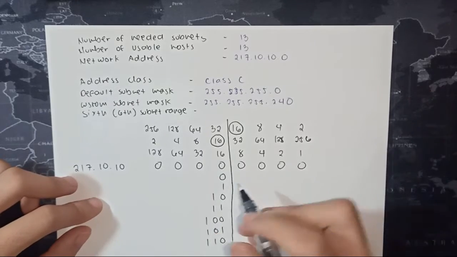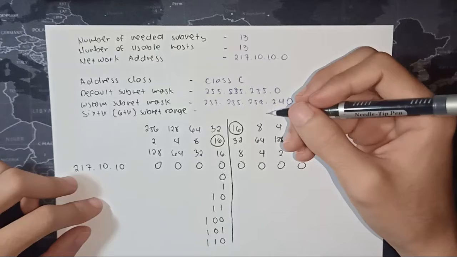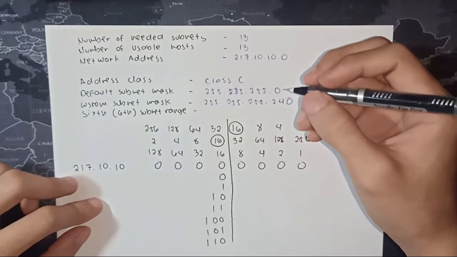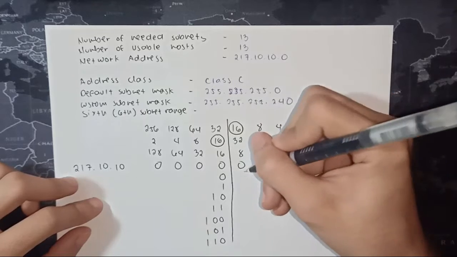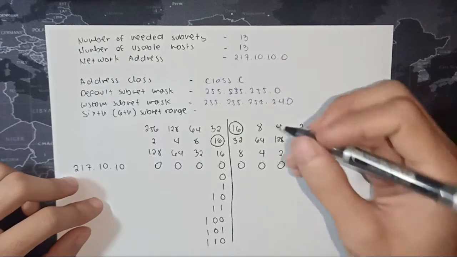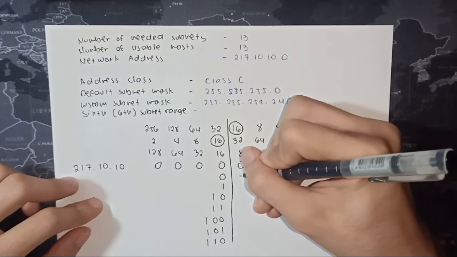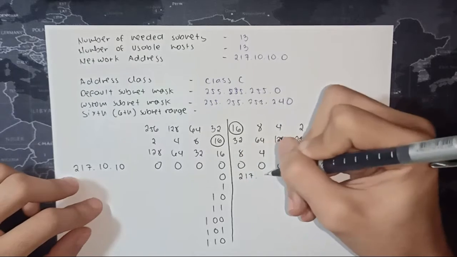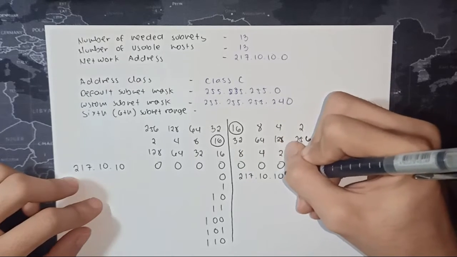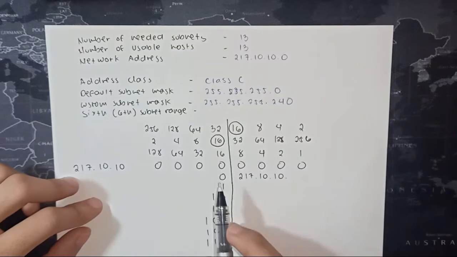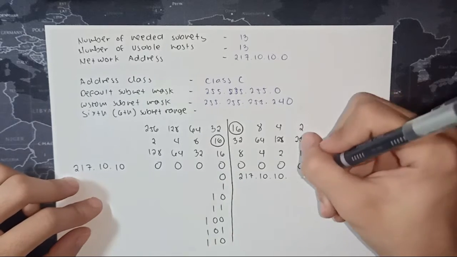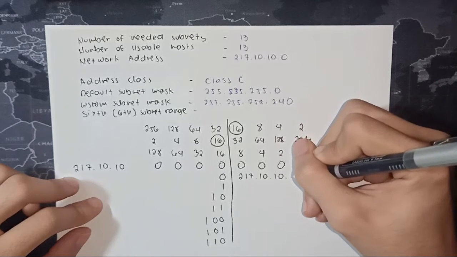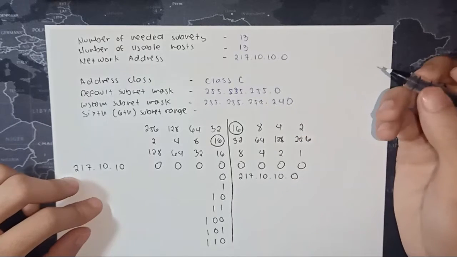Here in the first, we are just going to write our IP address with the network address header. Since it is 0, 16 times 0 is 0, so we are going to write 0 here.